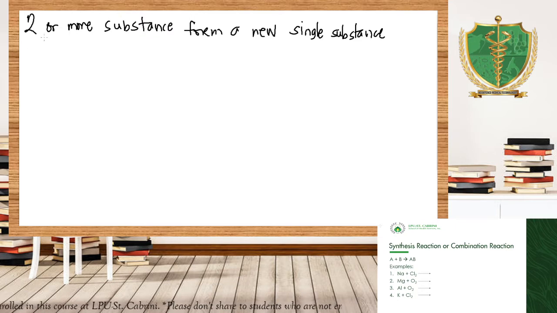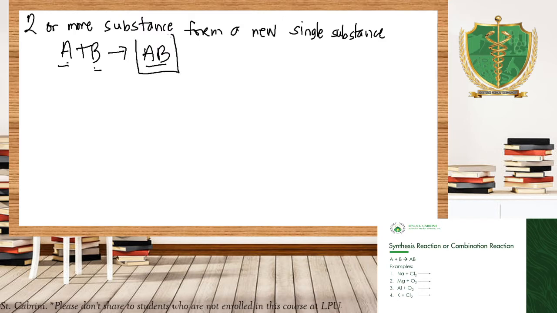And our general formula for a synthesis reaction is A plus B will give you AB. Two or more substances, represented by A and B, form a new single substance, which is represented by AB. So let's have an example.